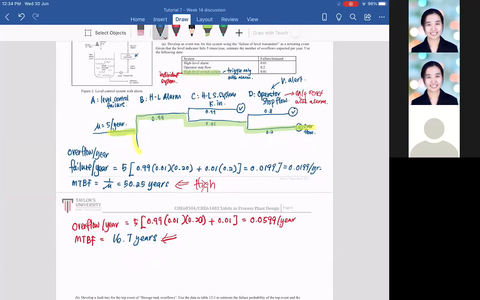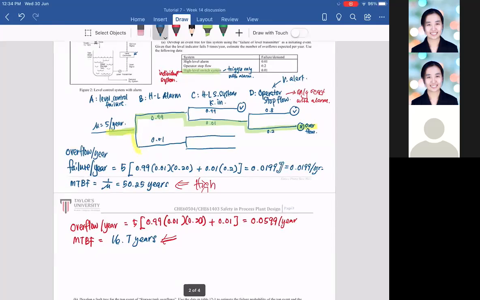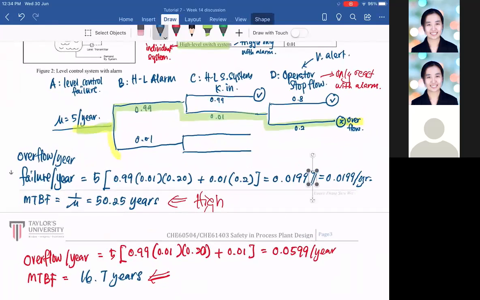Okay, we still keep the alarm, but we keep this as individual. So this is 0.01. Whether you have the alarm or you don't have the alarm, the system kicks in, because now it is an individual system. So when the alarm rang, 99% of the time it will still take care of it.